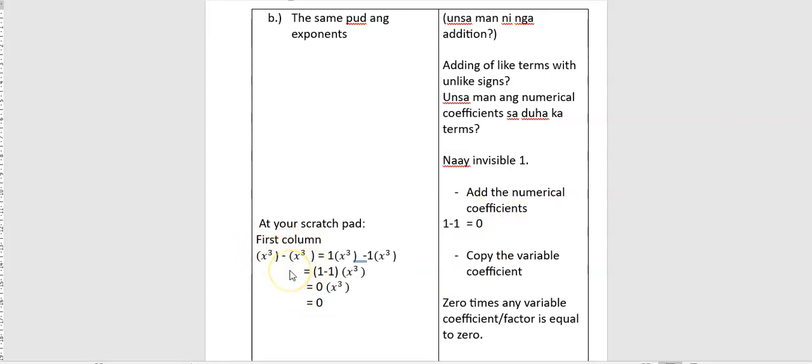So, automatically, 1 siya. So, 1 minus 1 is 0. And then, copy the variable coefficient or the variable factor, x cubed. Okay? So, again, x cubed minus x cubed is equal to 1x cubed minus 1x cubed. And then, add the numerical coefficient, 1 minus 1 is equal to 0. And then, copy the variable coefficient x cubed.